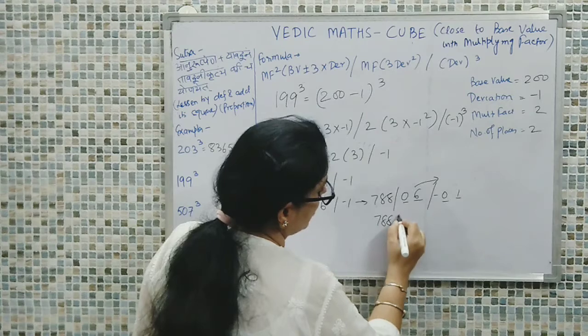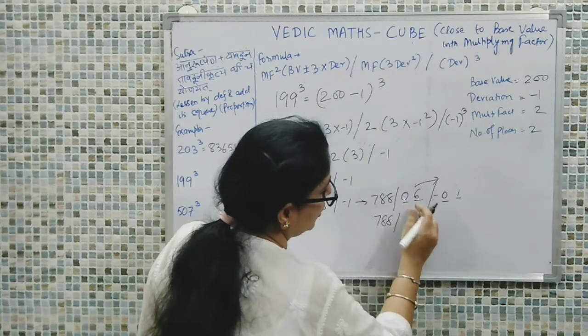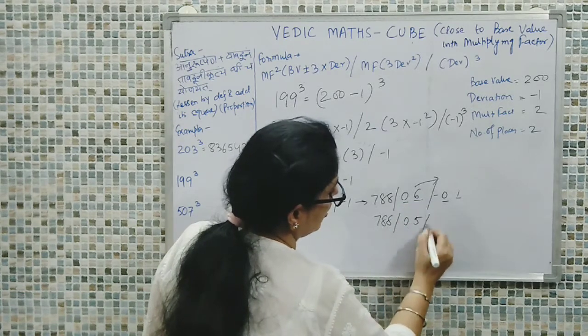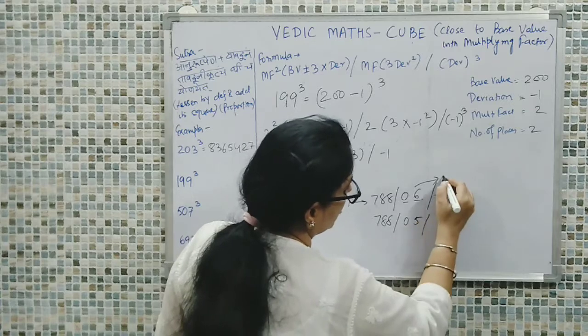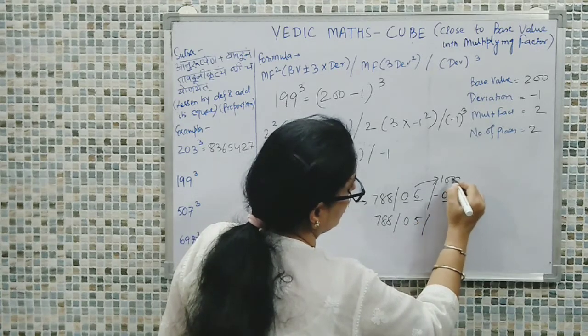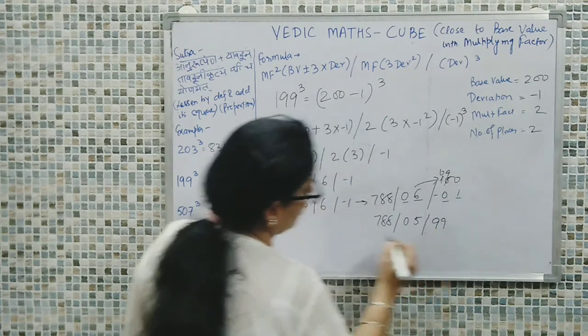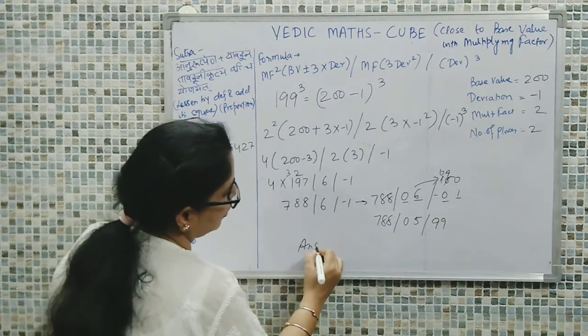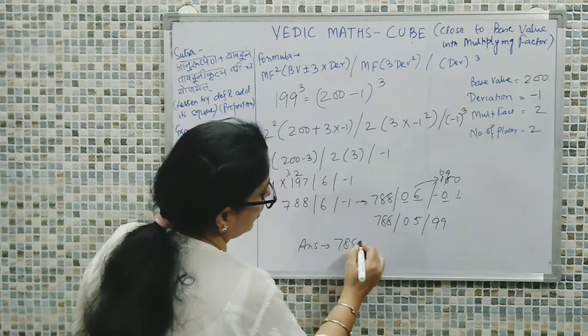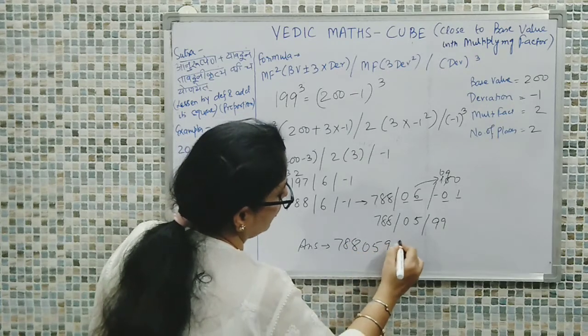So that will be 788, and the moment we borrow 1 from here, it is reduced by 1, so that will be 5. And we are borrowing 1 from here, so this becomes 100 minus 1, that is 99. So our answer is 788,0599.